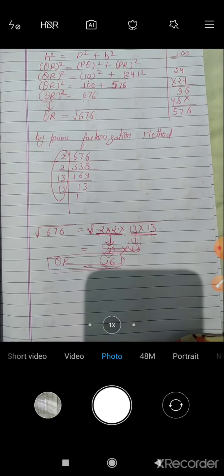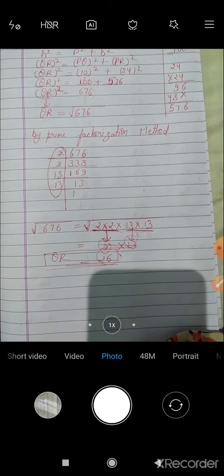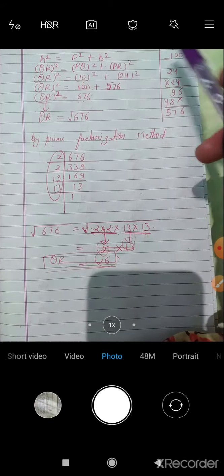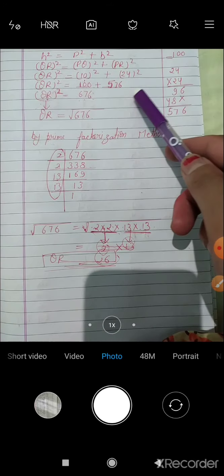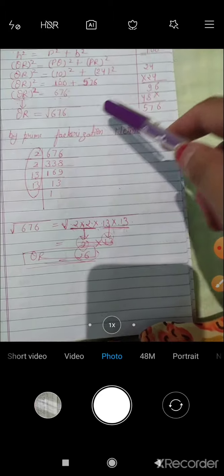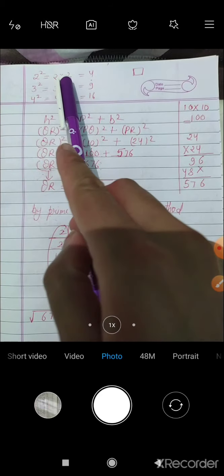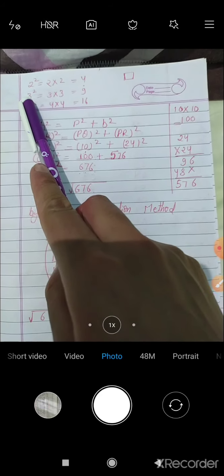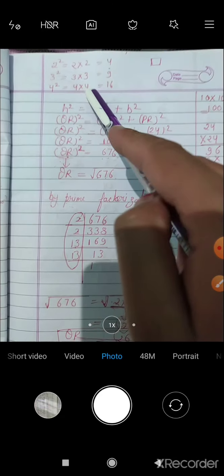Square of any number means we have to multiply that number by itself. So the square of 10 means 10 multiplied by 10, and the square of 24 means 24 multiplied by 24. Similarly, the square of 2 means 2 multiplied by 2, square of 3 means 3 multiplied by 3, and square of 4 means 4 multiplied by 4.